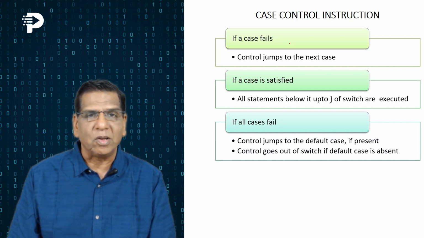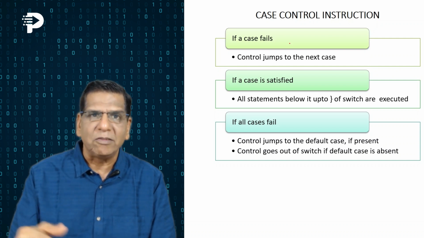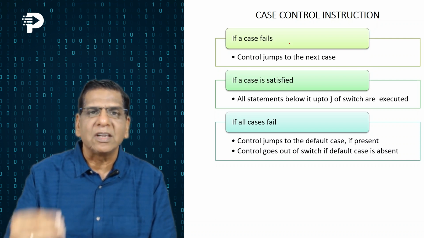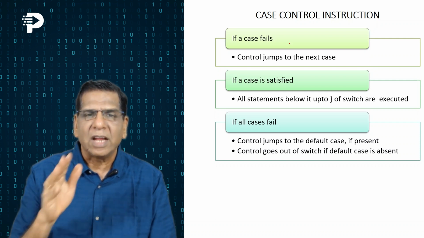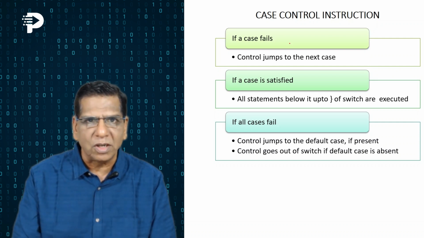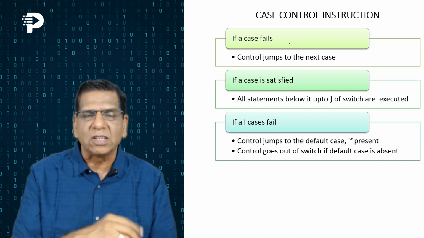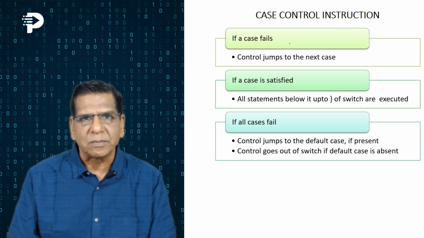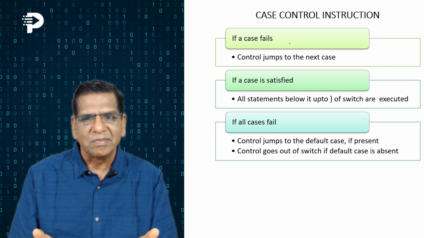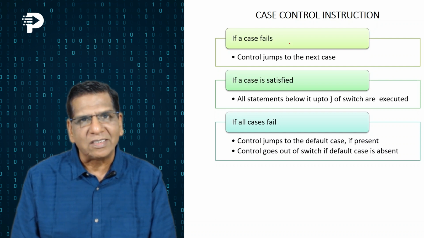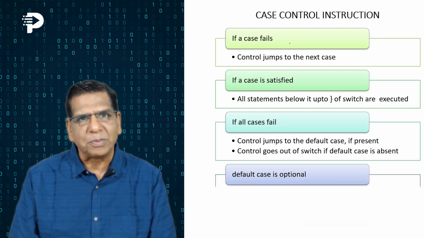So that possibility always exists. So behavior will be different if default is present as compared to when it is absent. If present and all cases fail, control will jump to the default case. Otherwise, it will go outside the switch if there is no default case. Not having a default case is not a crime. Why? Because default case, as mentioned here, is optional.